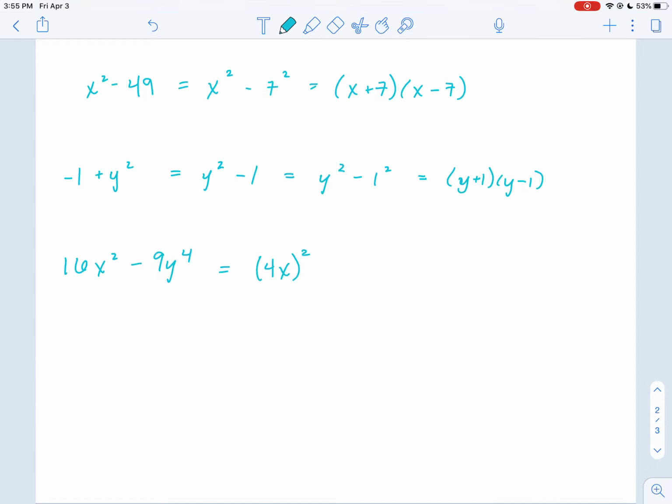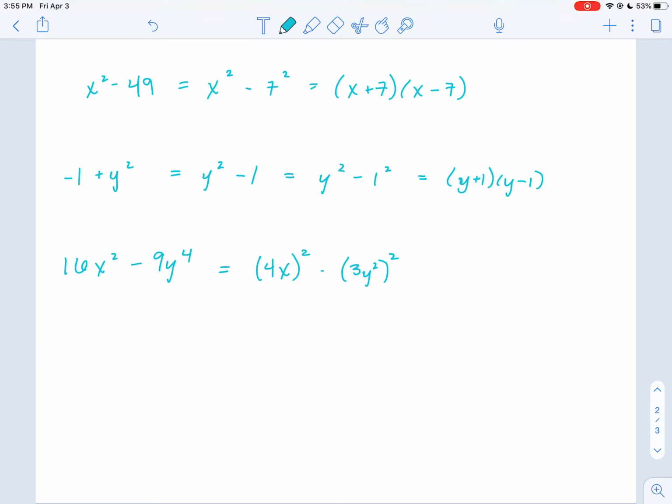Okay, and we want to do something similar for that 9y to the 4th. So we need something squared. Well, something squared to get to 9, that would just be a 3. Something squared to get that y to the 4th would be a y squared. Right? And again, we could fall back on those exponent rules to see that if I gave that square back to both of those things in that product, I'd get straight back to that 9y to the 4th.